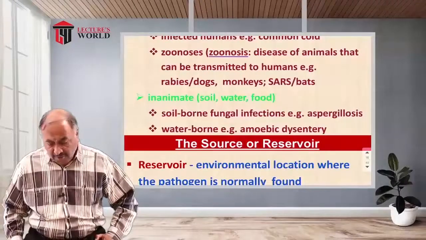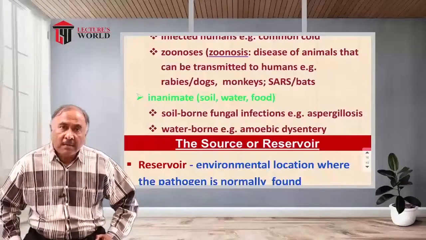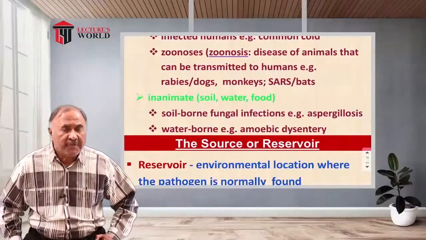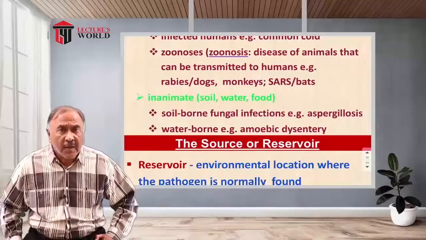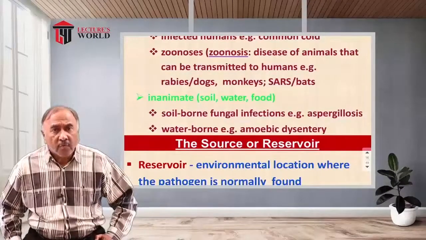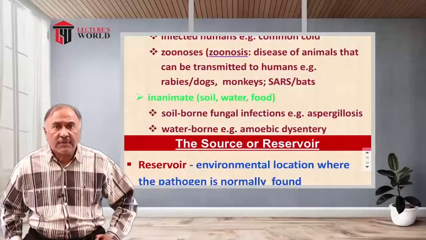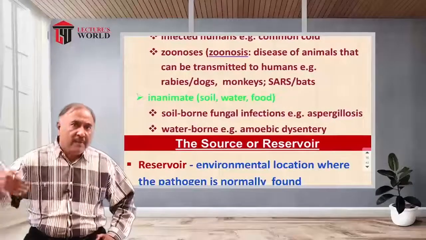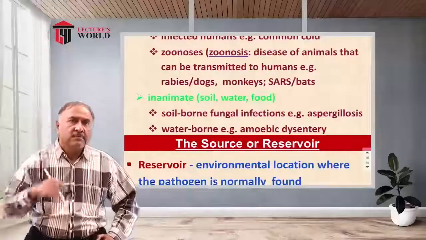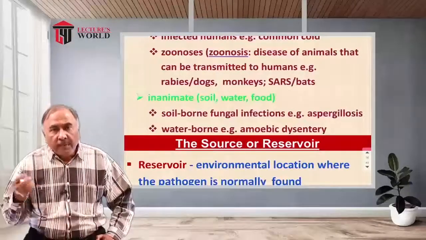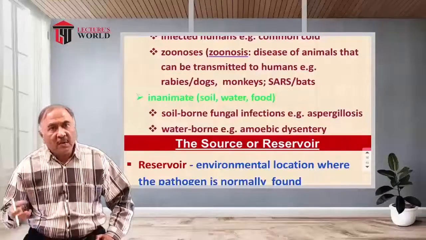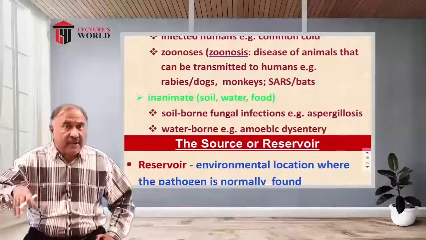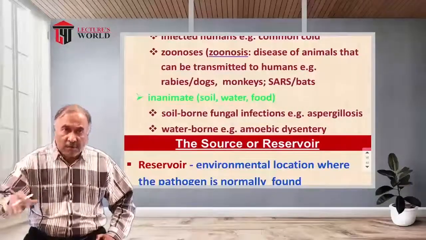Soil-borne fungal infections, for example, the presence of various kinds of spores in soil, would be able to transfer fungi from that inanimate source to the new host. The point is, how have these organisms reached that soil, water, or food?